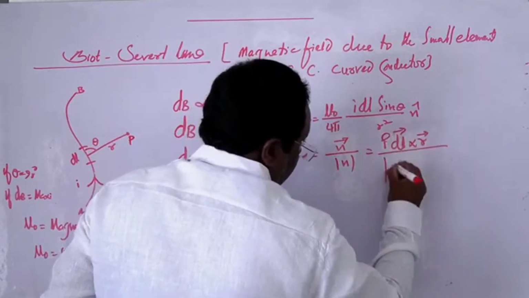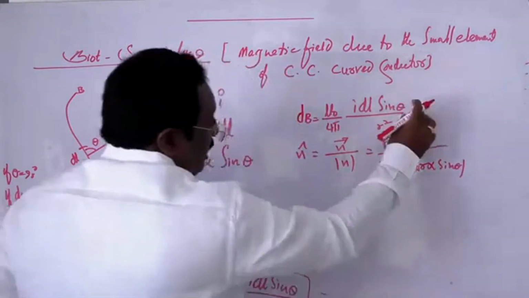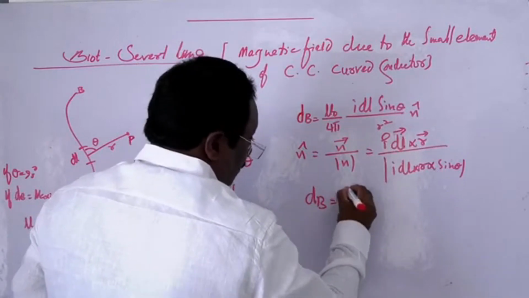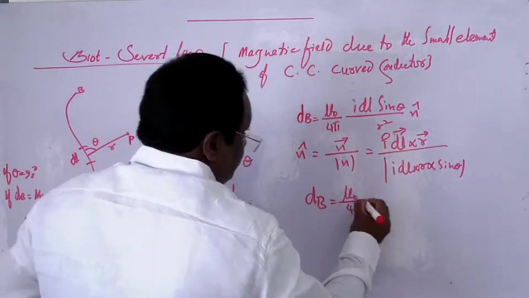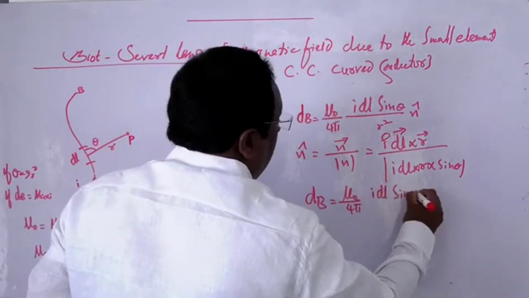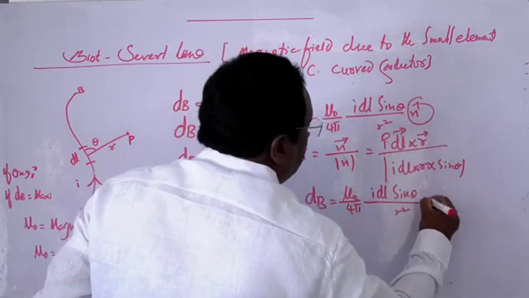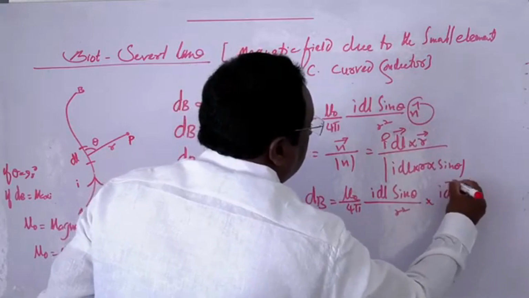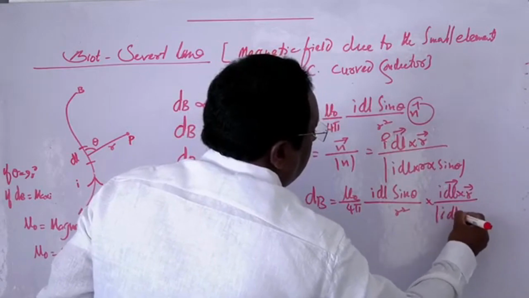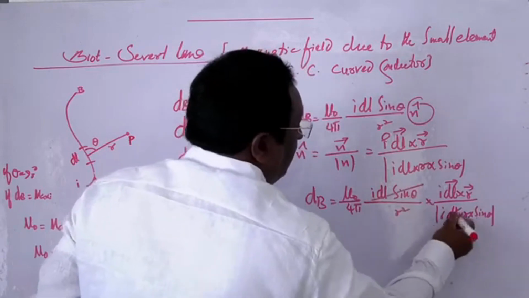Now instead of the unit vector, we substitute this value. dB becomes mu naught by 4 pi, I dl sin theta by r square, times r vector by r.